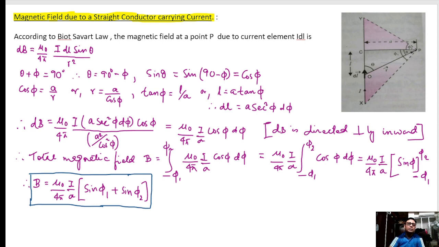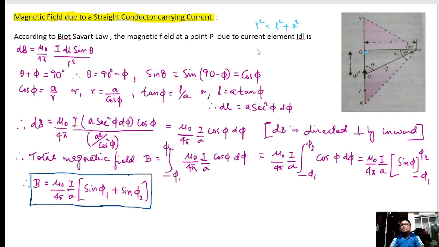First of all, let us choose a current element DL making an angle theta at a point P, distance R. Suppose this is the length L and this is the perpendicular distance A. As you can see here, R square is L square plus A square.